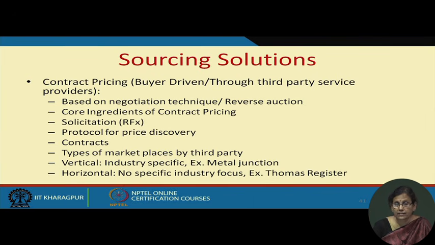Tendering was the earlier system in any traditional procurement, but with the intervention of information and communication technology, things have changed. Earlier, first you had the tender documents, then you selected L1, L2 and L3, and finally you sat across the table to negotiate the price.